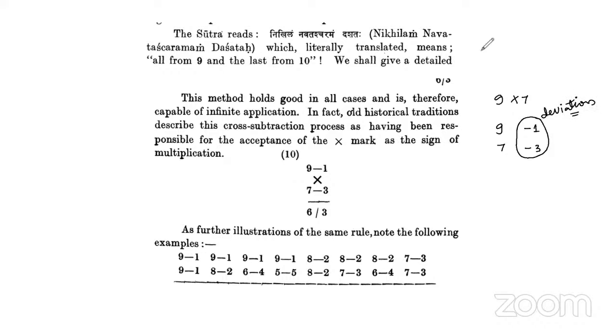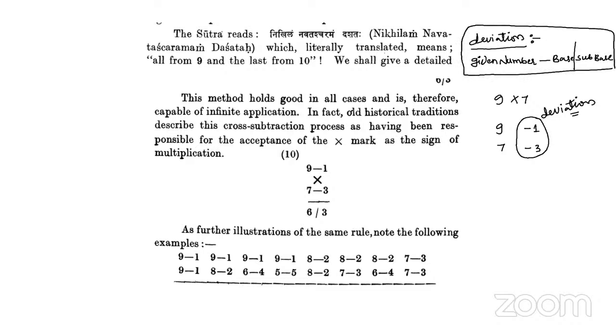Deviation is nothing but the given number minus the base or subbase. So this is the deviation formula. Suppose 9 is there, 7 is there.